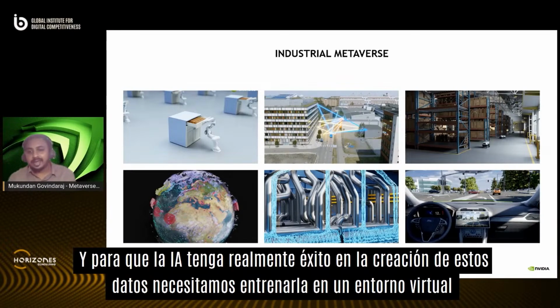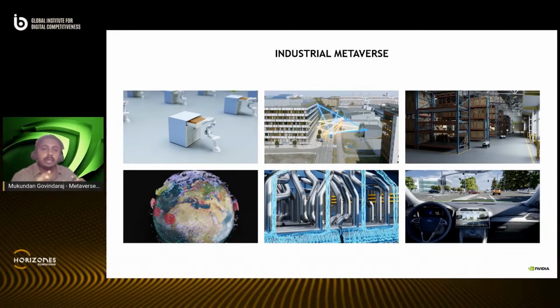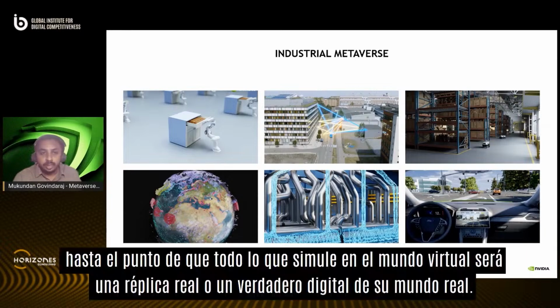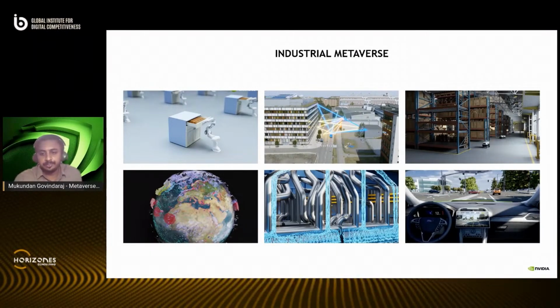And for the AI to be really successful in creating this data, we need to train it in a virtual environment, which is not only a visual replica of the real world but also obeys all the laws of physics, to an extent that whatever you simulate in the virtual world will be a true digital twin of your real world.